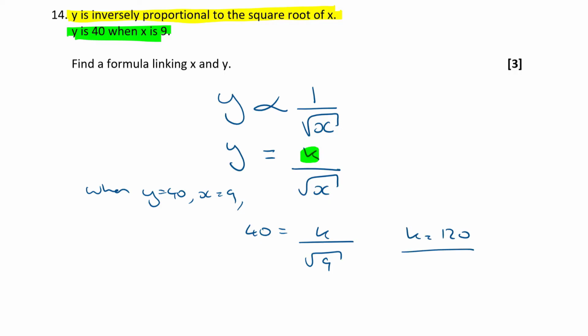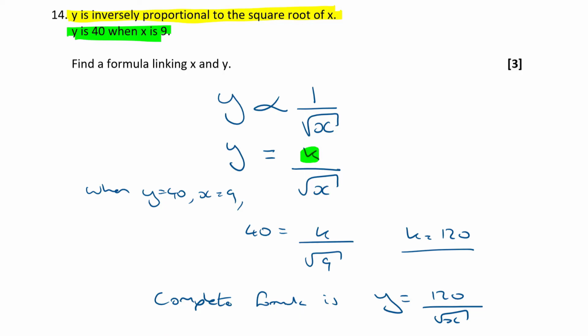Okay, so once I know that k is 120, I can then complete my equation. So the complete formula is y equals 120 over the root of x, like that. That's the complete formula.